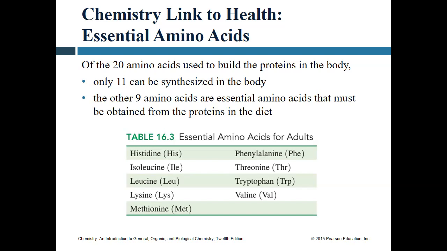And the 9 amino acids that fit into that category are histidine, isoleucine, leucine, lysine, methionine, phenylalanine, threonine, tryptophan, which always makes an appearance every November, and valine.